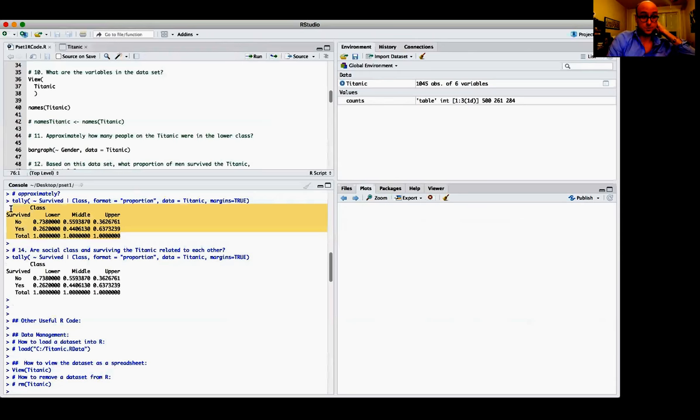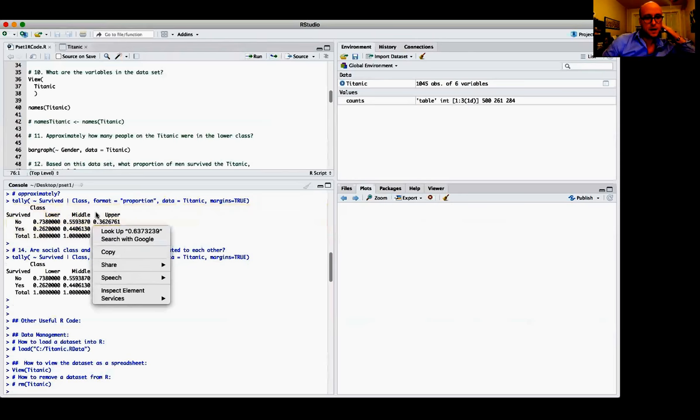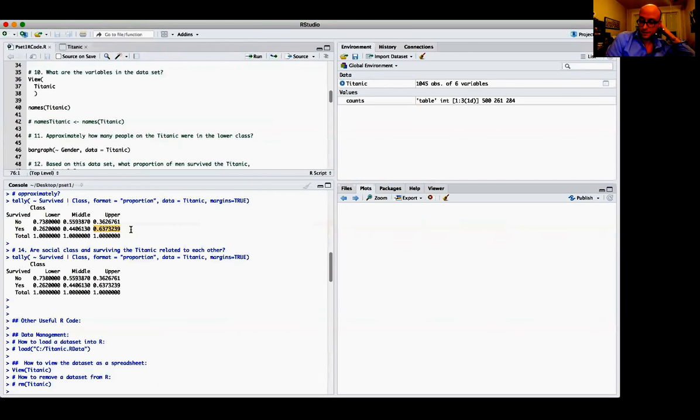In what way might you think? Do you think the upper class, the lower middle class, or the lower class differ by mortality in ways that are counterintuitive? Do you think money would help you on this boat? Well, look, it does. Among those people who were in the upper decks of the Titanic, the elites, where the elite meet to greet, 64% of those survived.